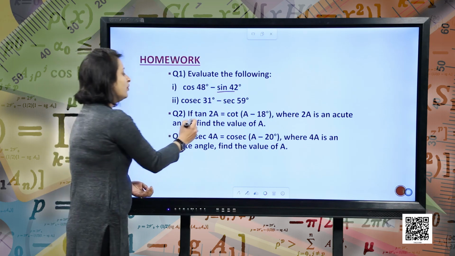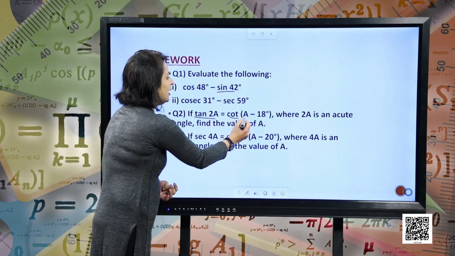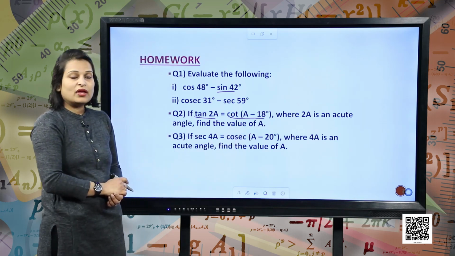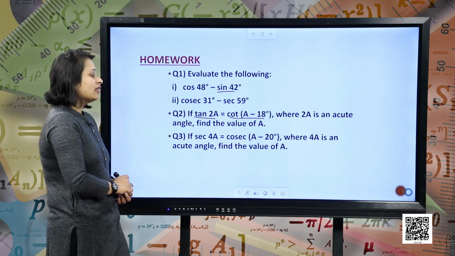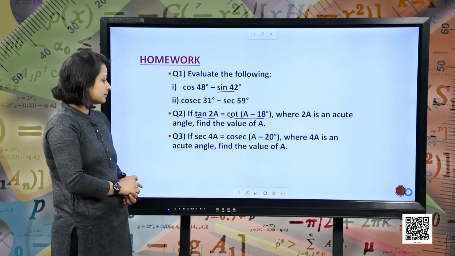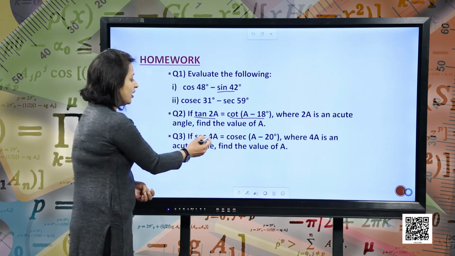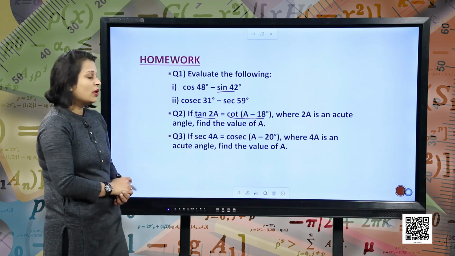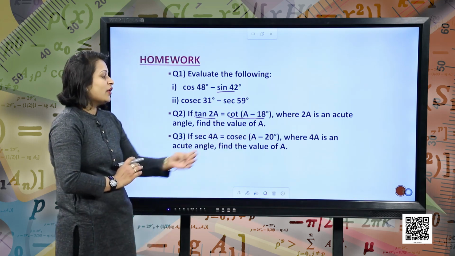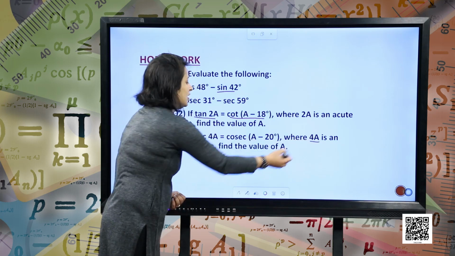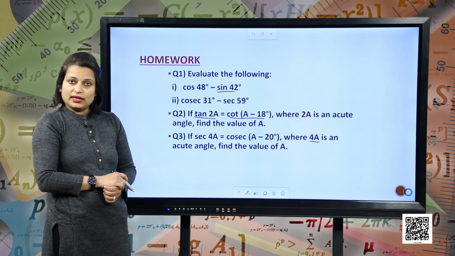If tan of 2A is equal to cot of A minus 18 degree, where 2A is an acute angle, find the value of A. Question number 3. If secant of 4A is equal to cosecant of A minus 20 degree, where 4A is an acute angle, find the value of A.